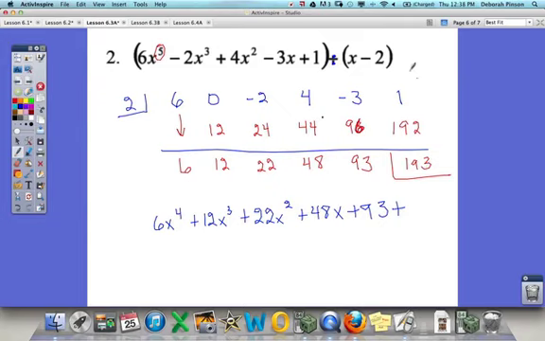So 193 over what I was dividing by. Now, synthetic division will save you a lot of time. Long division, you do have to know because you may need to use it if you're not dividing by something that's linear. But synthetic division will save you time if you can use it.